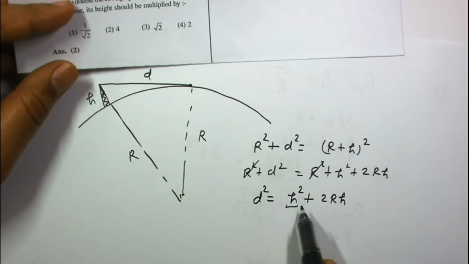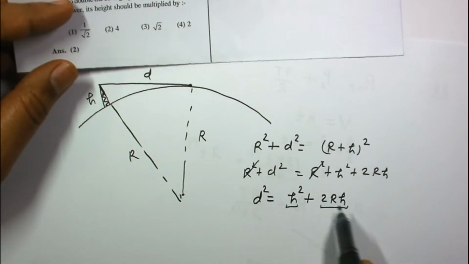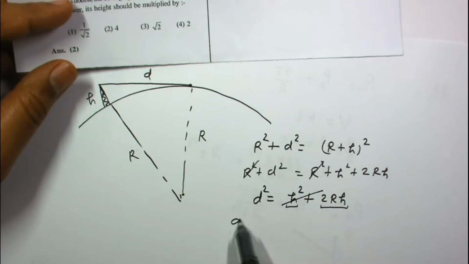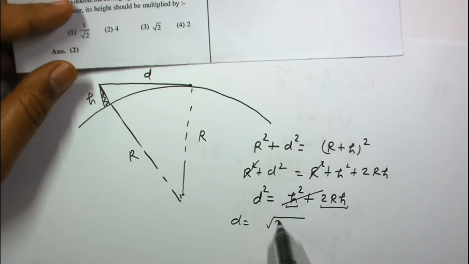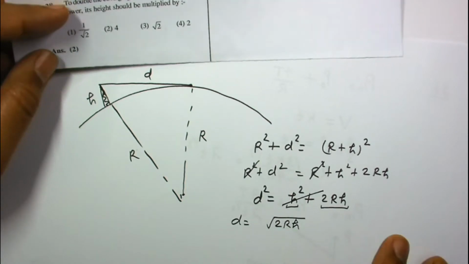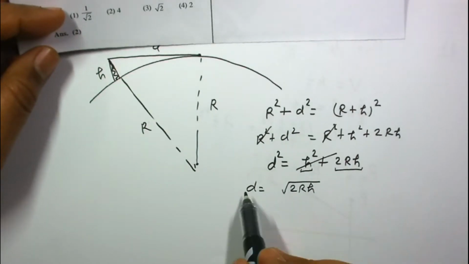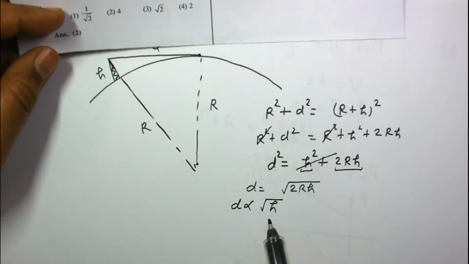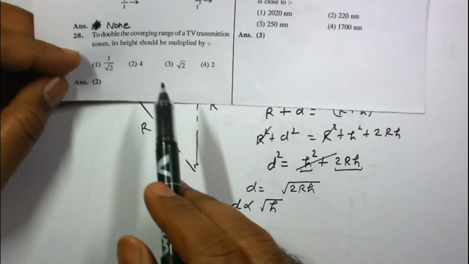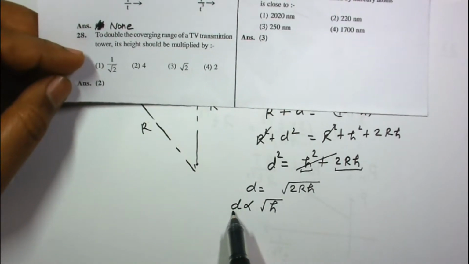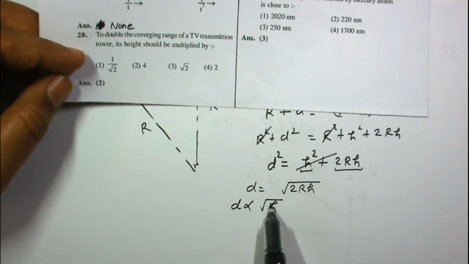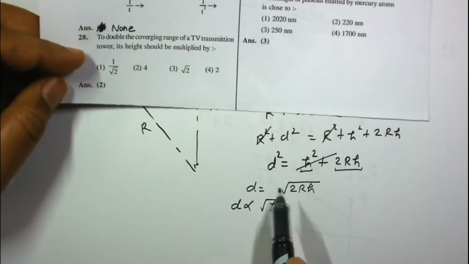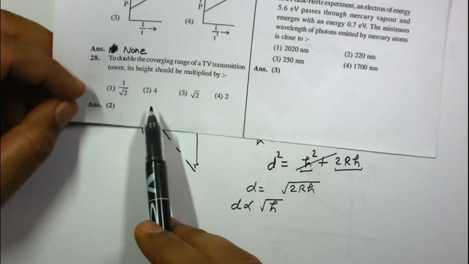H square is negligible as compared to 2RH, so we can neglect this term, and D is under root 2RH. So this range D is directly proportional to root H. To double the covering range, we have to multiply H by 4 times. So the correct choice is option number 2.